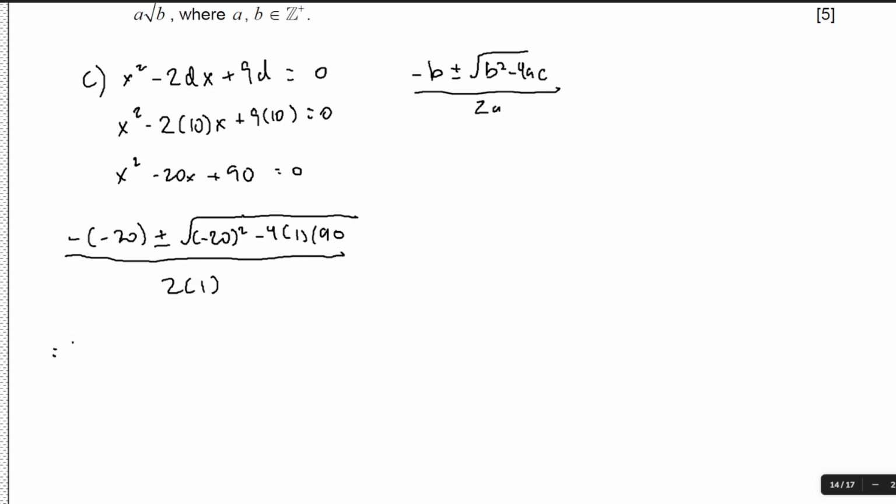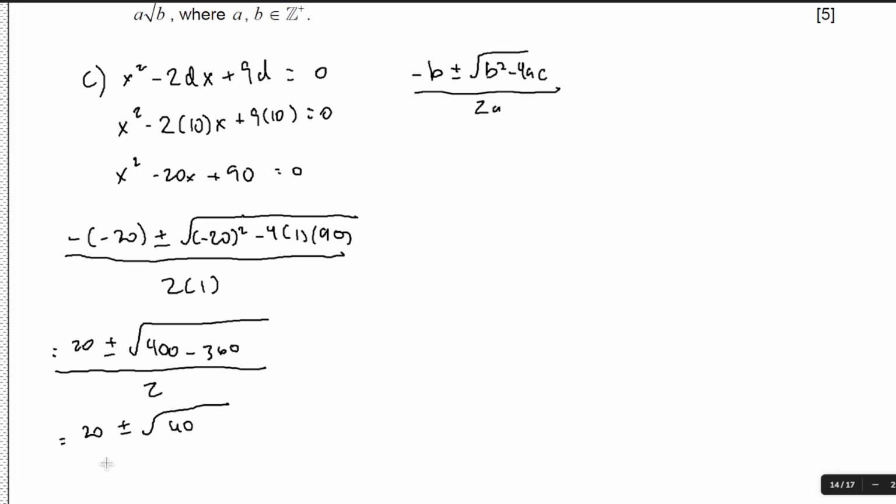And simplifying even further, 20 plus minus root of, 20 times 20 would be 400 minus 360, over 2. And after that, we would have 20 plus minus root of 40 over 2.